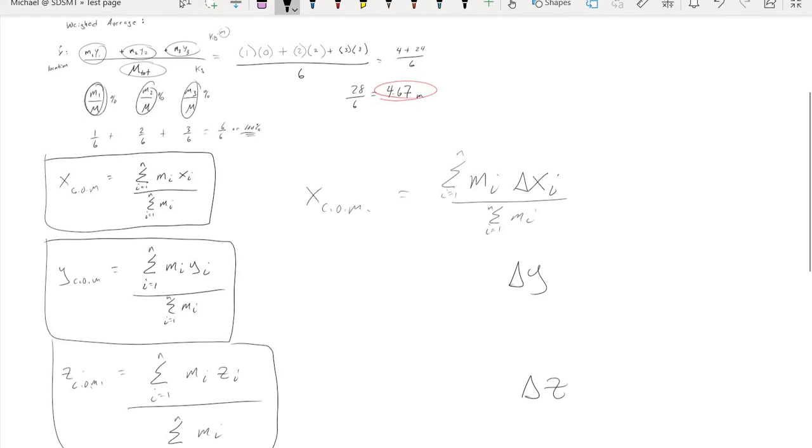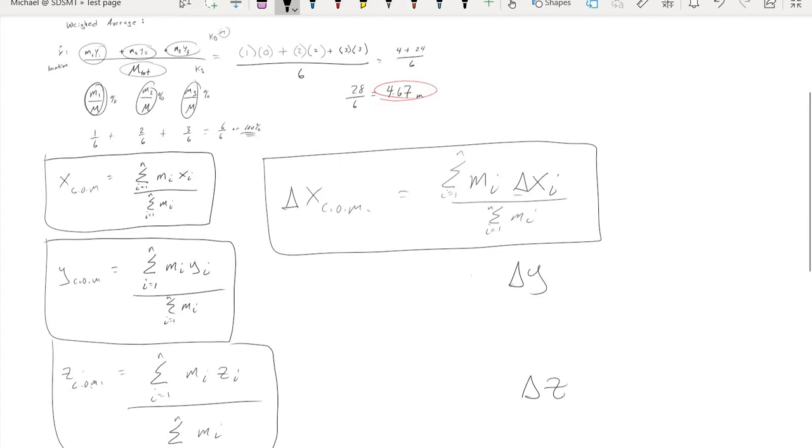As far as the algebra is concerned, I've introduced a delta statement to all of the individual x values of my particles. And algebraically, what we do to one side of the equation, we have to do to the other. And so now we have an expression here that tells us how the center of mass in the system will change as each individual particle changes its position.